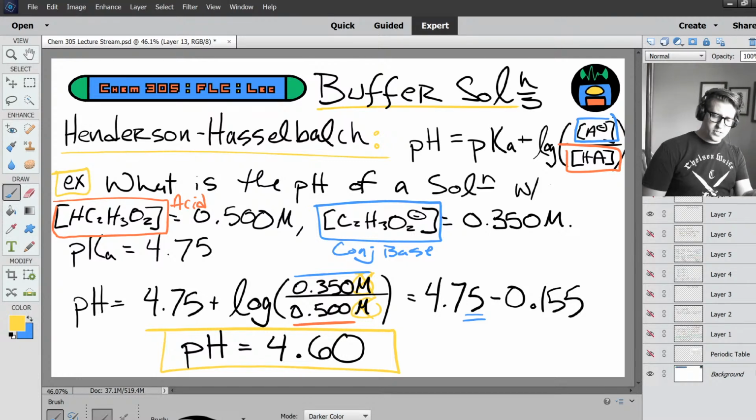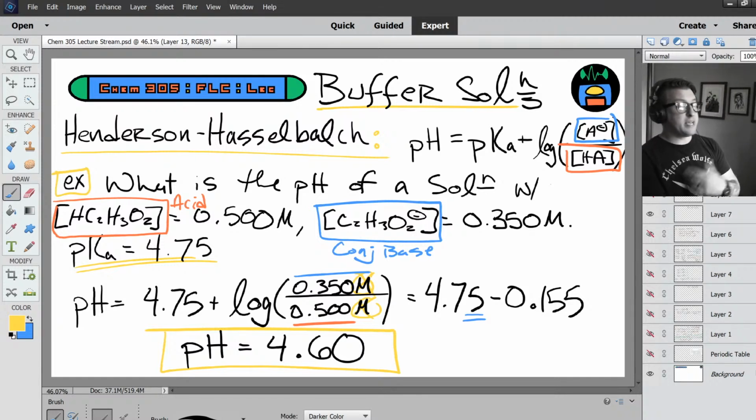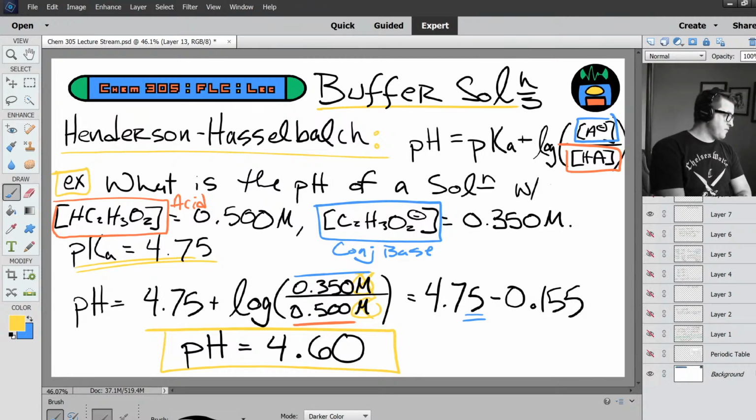The pH for a buffered solution will always be close to the pKa of the acid, but it'll adjust up or down depending upon the specific concentrations of the conjugate base and conjugate acid.